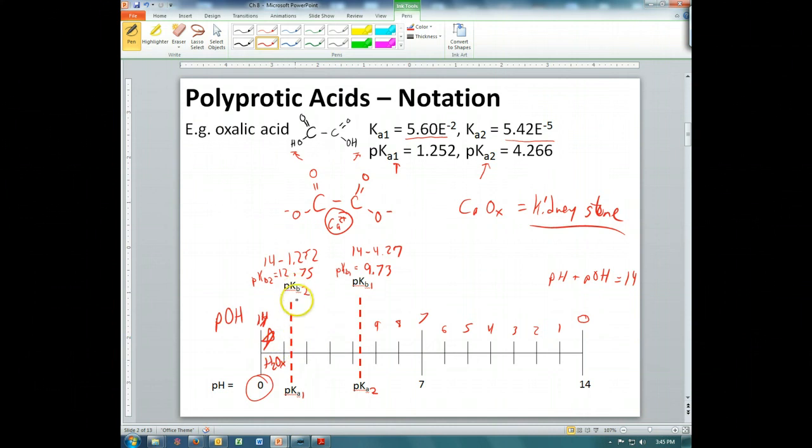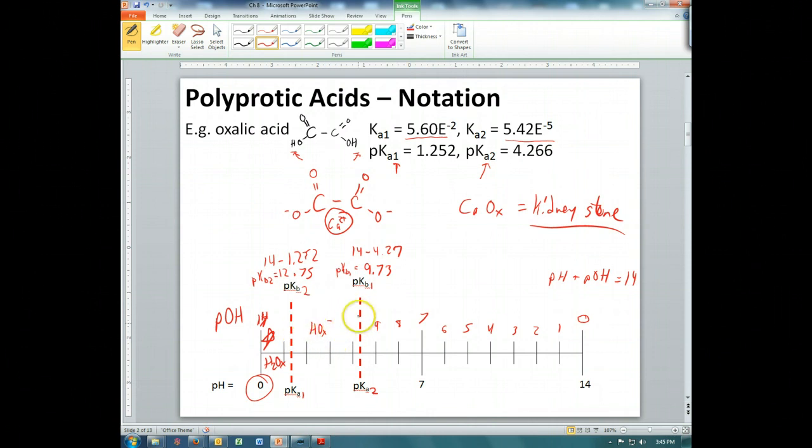When we pass this pKa1, you'll notice that we're going to be at the point where the first proton's dissociated. Right here we had a 50-50 mix. Remember, that's pKa. After the pKa, we're going to have a tilted mix where we're starting to have more without a proton on it. So we're going to have HOX minus be the predominant form throughout this pH range.